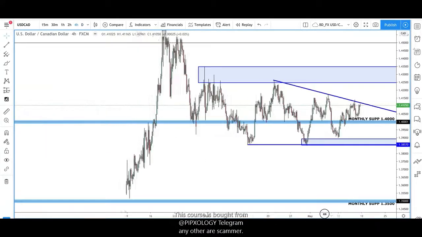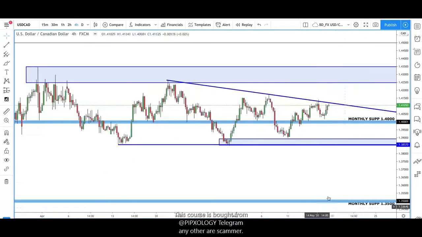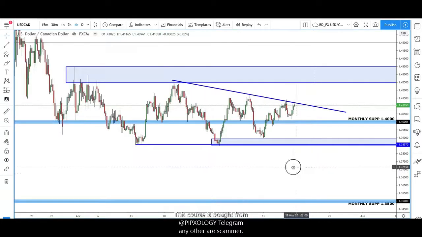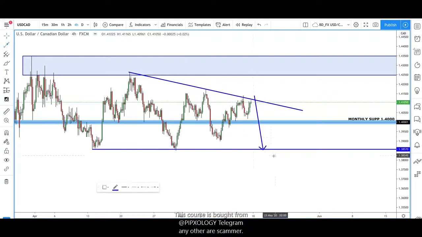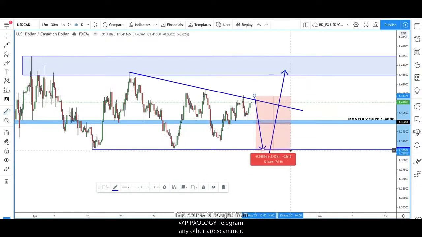Not really sure which way this is going to go next just yet. Now, given what I'm saying about the US dollar being a bit tricky over the next week, I still think there's a possibility we may see some resistance around this level and coming back down into this level here before moving back up into that region. It's quite a bit of movement there, potentially 200-300 pips down before moving back up.